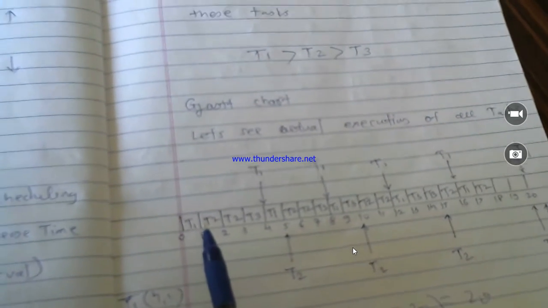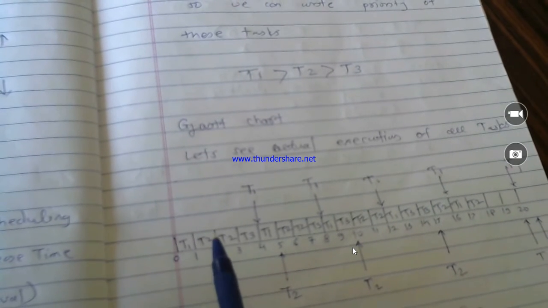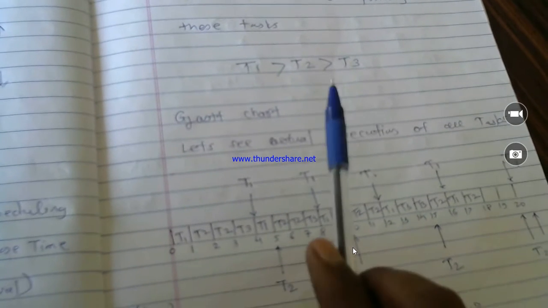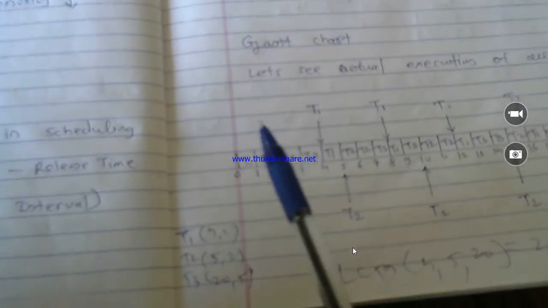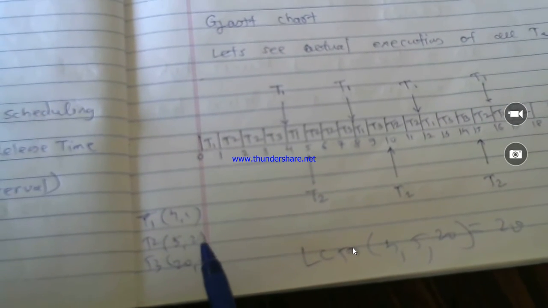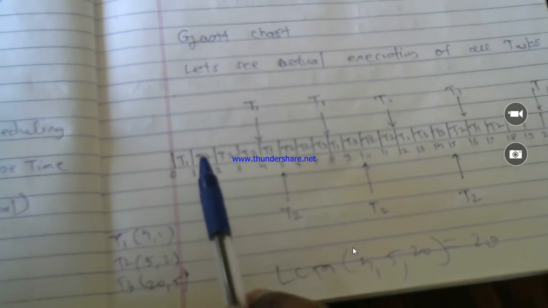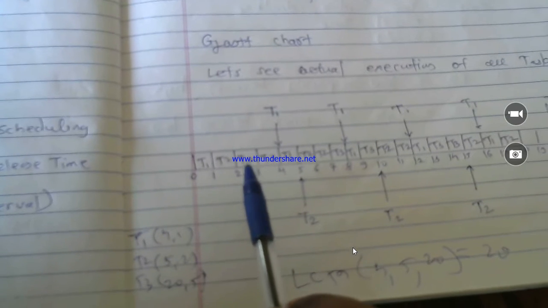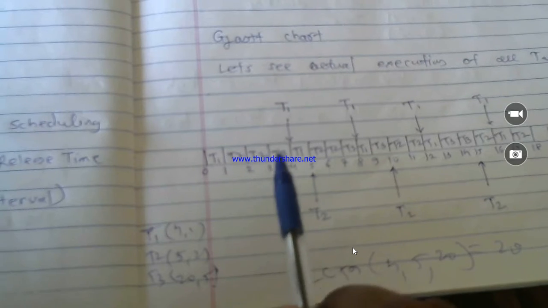Then next, check the priority of the task whose priority is greater than the other two. Here after T1, T2 has greater priority than T3, so I am going to write T2 over here. Then try to understand, T2 will get executed up to 2 seconds, right? So I am writing T2 2 times here, and here the execution of T2 will end, right?